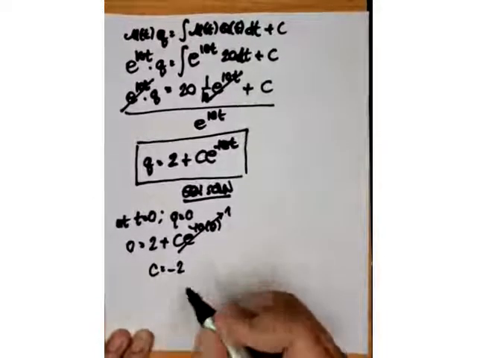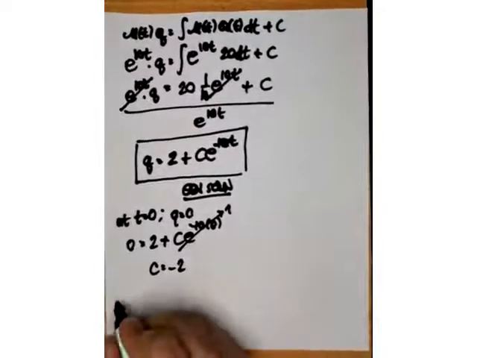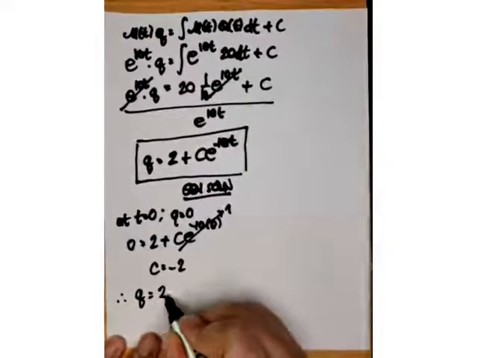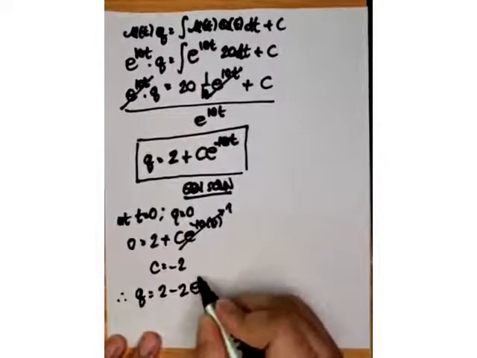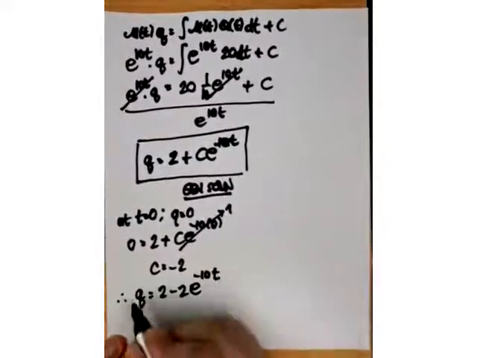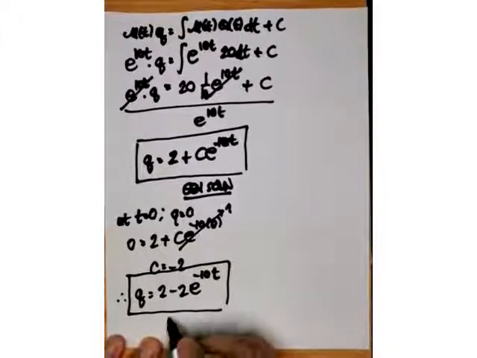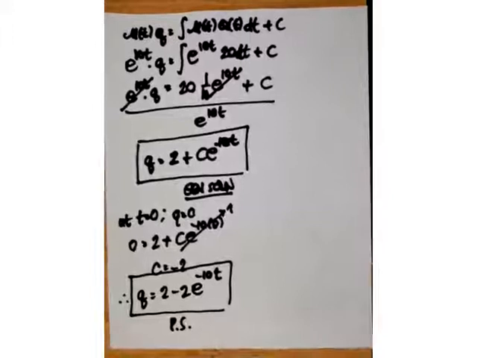So, c is equal to negative 2. So, therefore, q is equal to 2 minus 2 e raised to negative 10t. So, this is our particular solution in getting the equation in getting the amount of charge in the capacitor at any given time t.